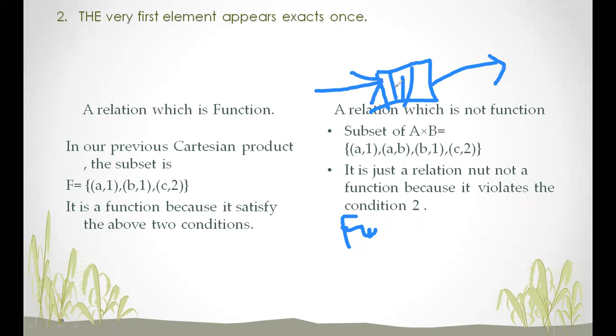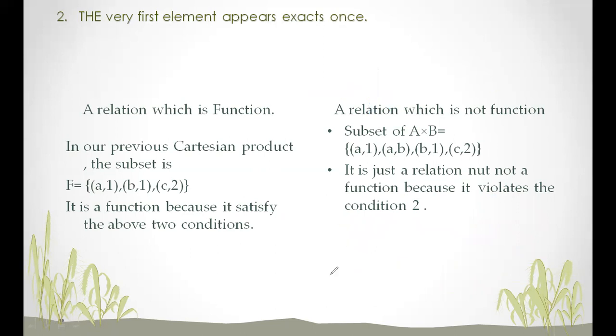Similarly, we give some input, a domain, to our function, and this function processes it and gives us some output as a range. So we can also see the definition of a function from this point of view.